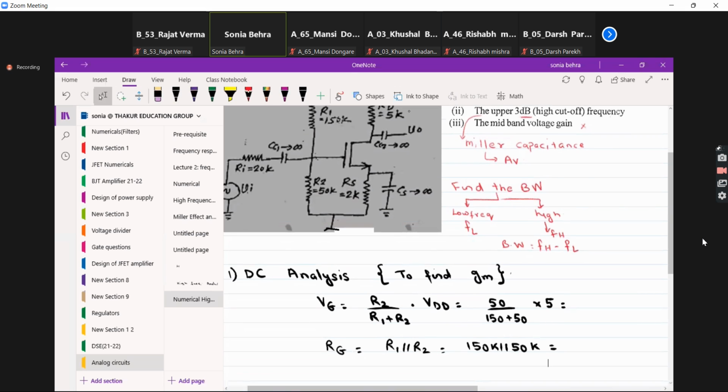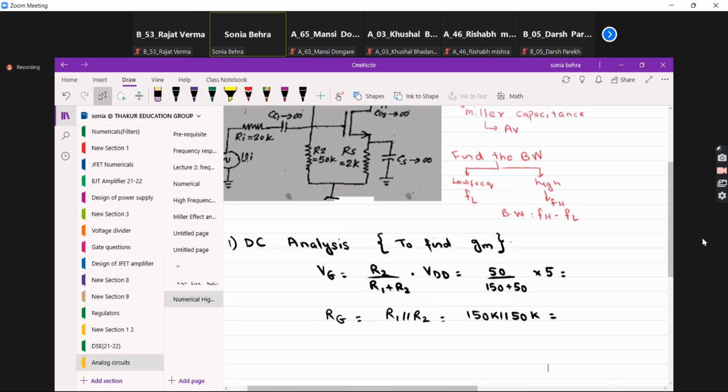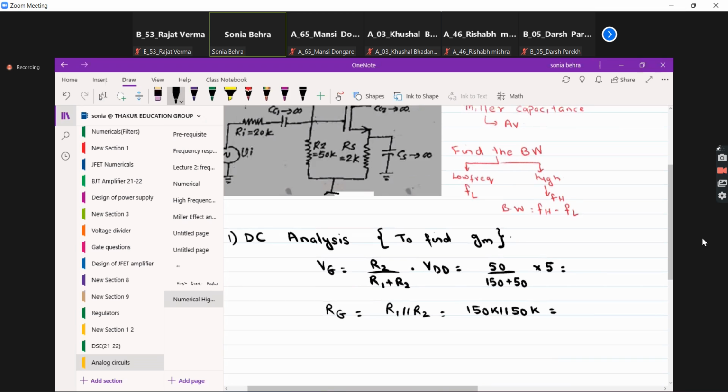I'll go to the third step also. Then you can find out. Third step is equation of DC bias line. Equation of DC bias line is nothing but over here it is VG minus VGS minus ID RS is equal to 0.